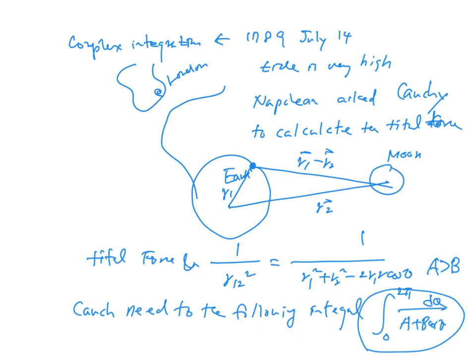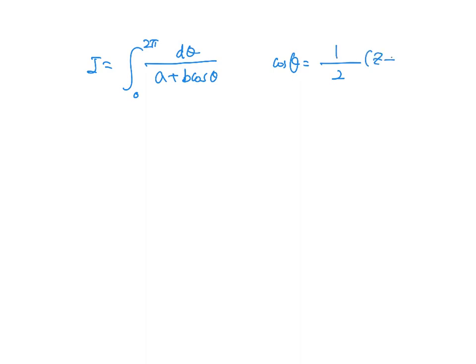So what he did was, let's say Cauchy needs to calculate this function, 1 over a plus b cosine theta d theta. So he tried to use a complex integral. So cosine theta is z plus 1 over z, over 2, right?